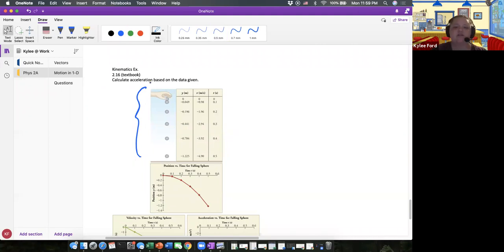In the textbook, it has a lot of background text, and then a crazy way of calculating the acceleration. But really, it can be as simple as what I'm about to show you. I have all of this data, but really, I can just use my first two data points.